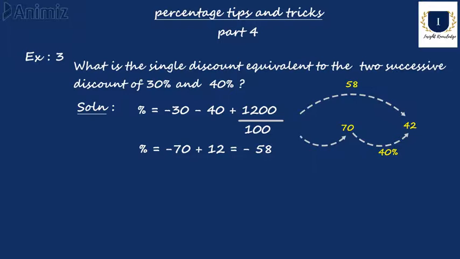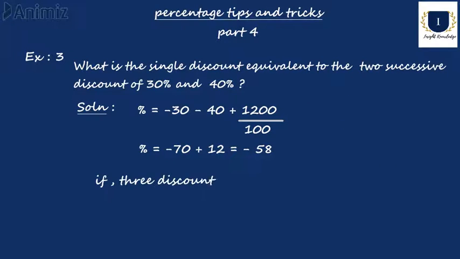It's your choice. And if you get three successive discounts, 30, 40, and after that, you are getting 10 percentage, what you have to do is take the resultant percentage for the first two successive discounts as X and the third discount as Y and just apply the successive percentage formula.